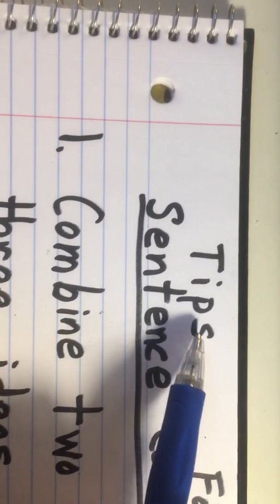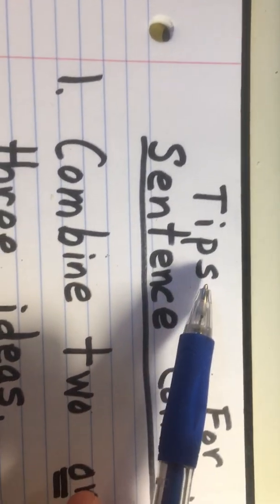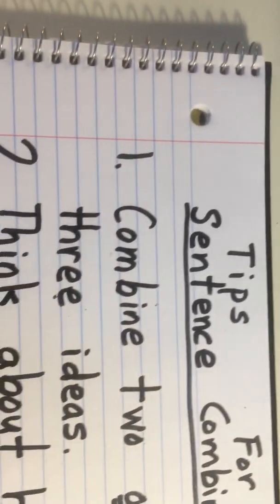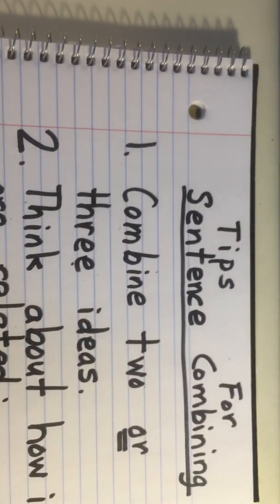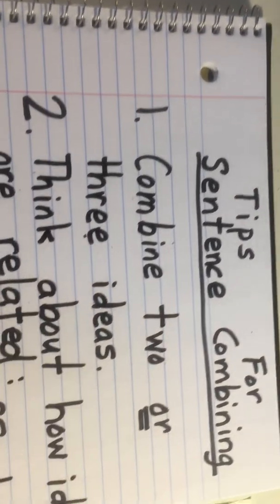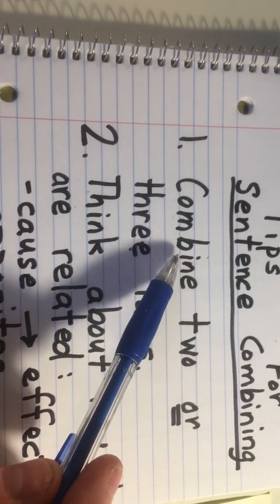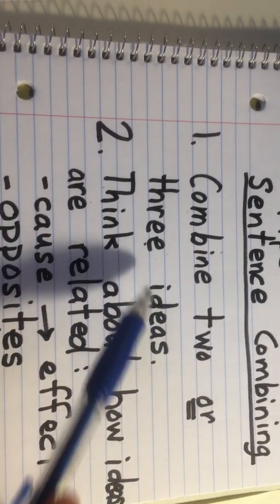So I have put together some tips, or hopefully helpful hints, for sentence combining. And these are also written out in the lesson plan that your family is looking at today. Tip number 1 says, when you're trying to combine ideas, you can combine 2 or 3 ideas.